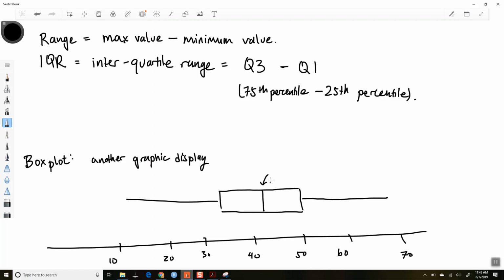But this represents the median, or the 50th percentile. This represents Q3, the 75th percentile. And this is Q1, the 25th percentile. Okay. You have whiskers. This is called a whisker.